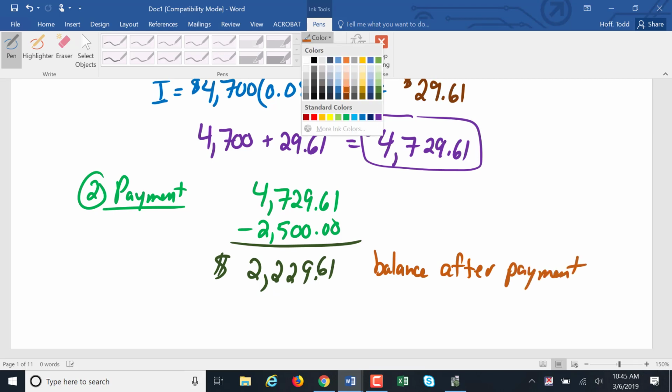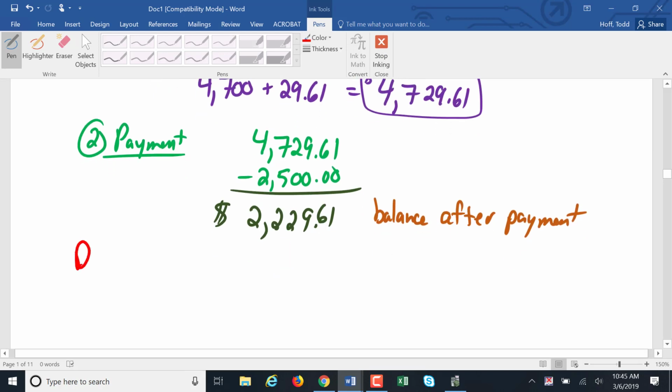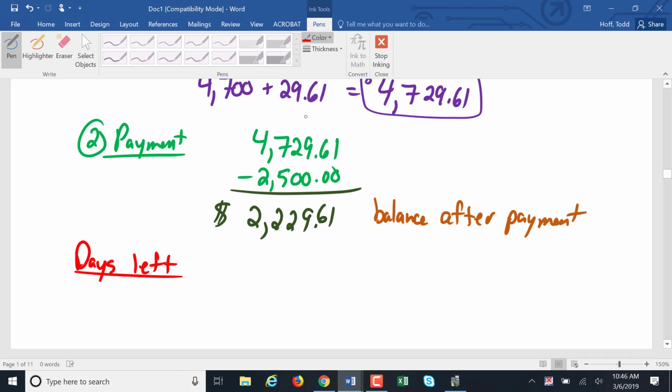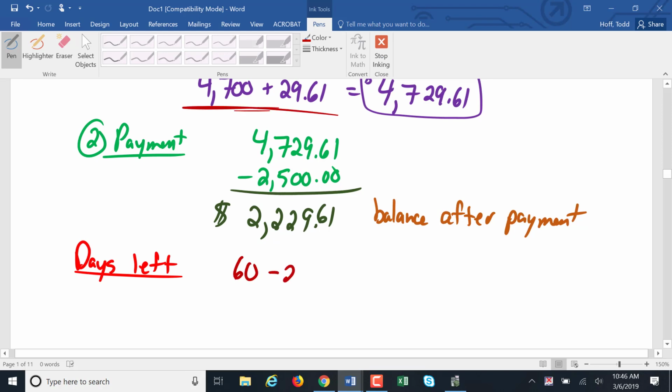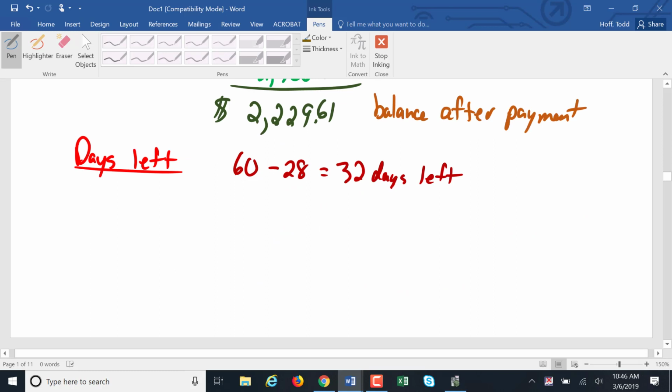Now this still needs to go until the maturity of the note, so we need to figure out the days left. This was a 60-day note. This was day 28 up here that we were working with, so minus 28 days. That means there's 32 days left. And now we need to calculate the interest for that remaining time. So I equals PRT again.